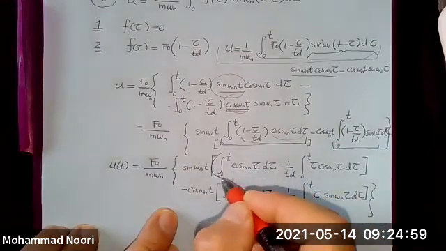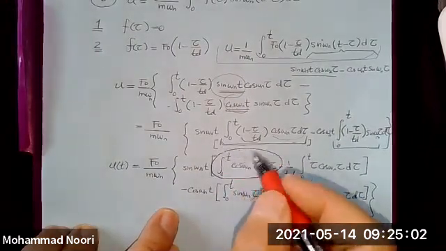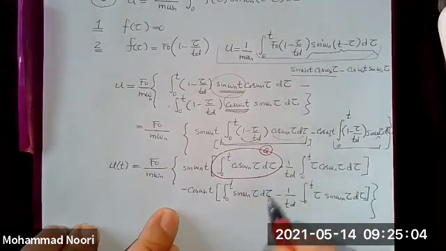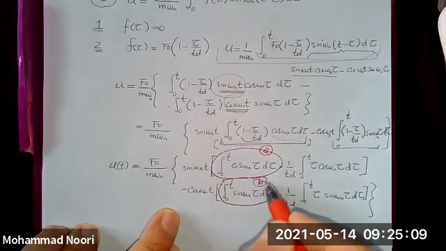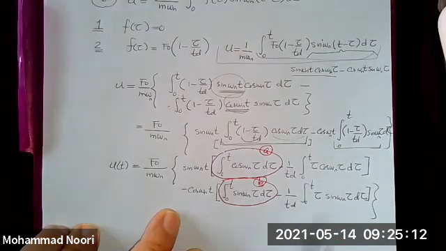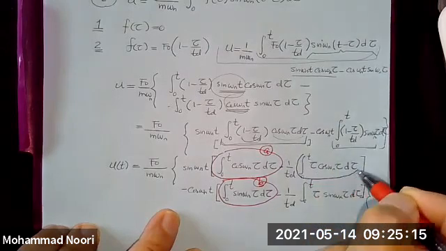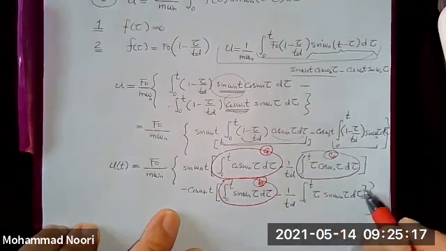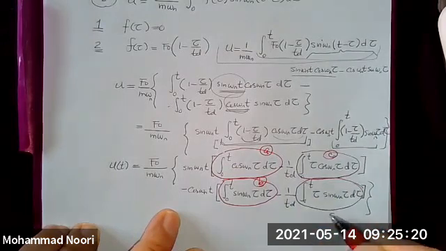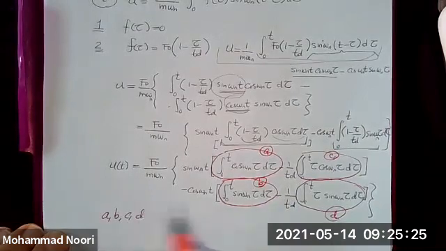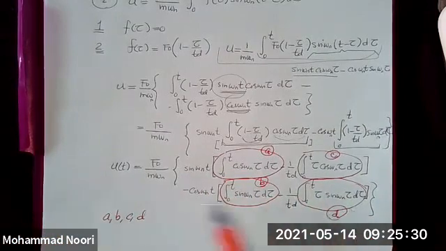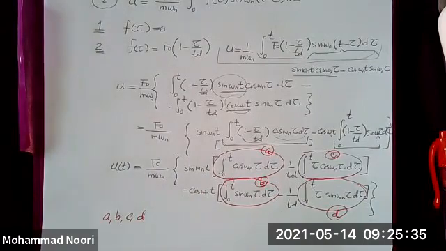This one, let me call that A. This one, which is similar to that in terms of ease of calculation, B. This one, I call that C, and this integral, let me call that D. So we want to evaluate A, B, C, D, substitute it in here, perform these algebraic operations, and then you have U. So let's start one by one.